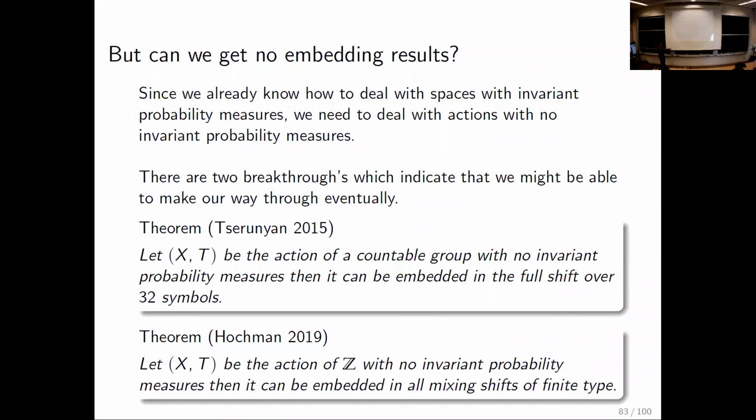Forget about the relationship of finite type. Suppose you have two colors and you have no constraint on how they're placed next to each other. You can embed any free action without doing anything to it.